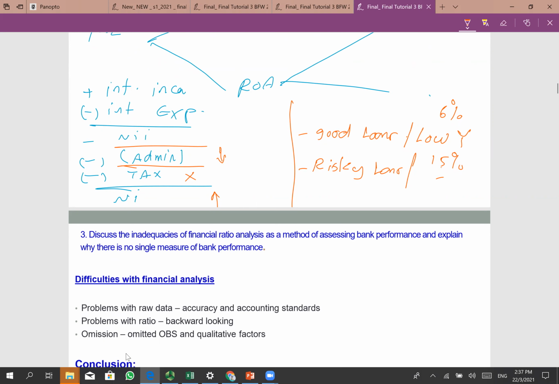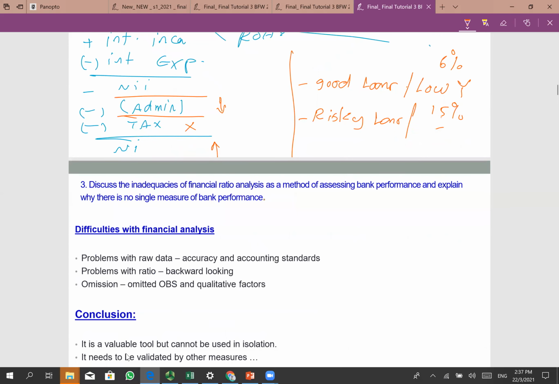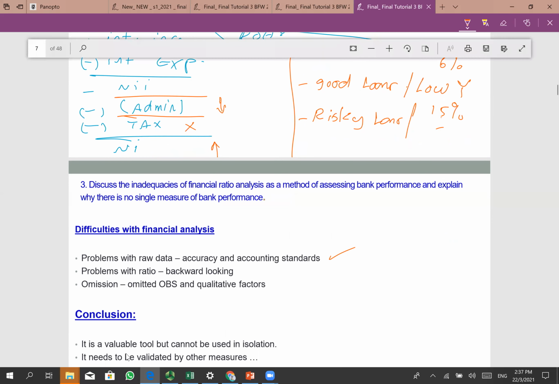We said financial ratios are just these numbers coming from the annual reports. So we have the problem with the data, and this problem with the data is coming because we can always cook the data, or also accounting standards can help us manage the bottom line, which is the net income.